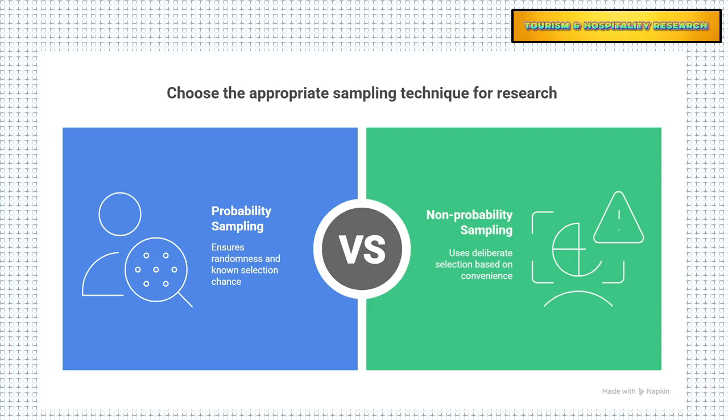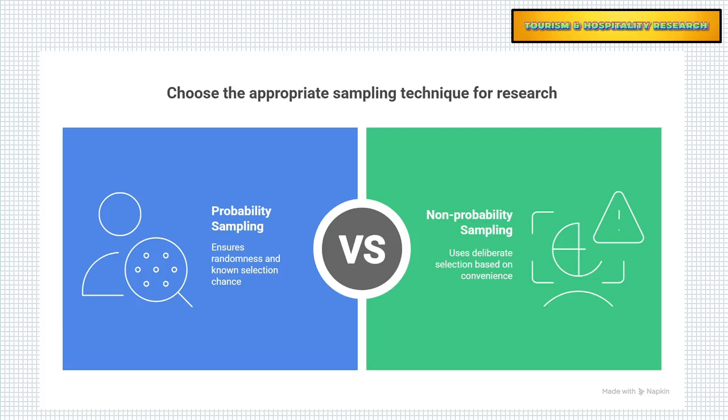Why is choosing the appropriate sampling technique crucial for us? It is quite crucial because if we are doing a study based on probability sampling techniques, it ensures randomness and a known selection chance. So probability sampling technique means that each and every member of the population has an equal chance of being selected as part of my respondents.